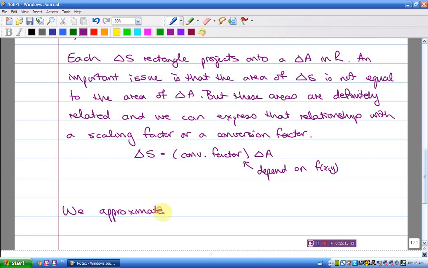So what I'm going to do is approximate delta S with its tangent plane. Now we're going to have three rectangles in our picture. We're going to have the rectangle delta A, which is lying on the XY plane. We're going to have our curvy rectangle delta S, which is on the surface.